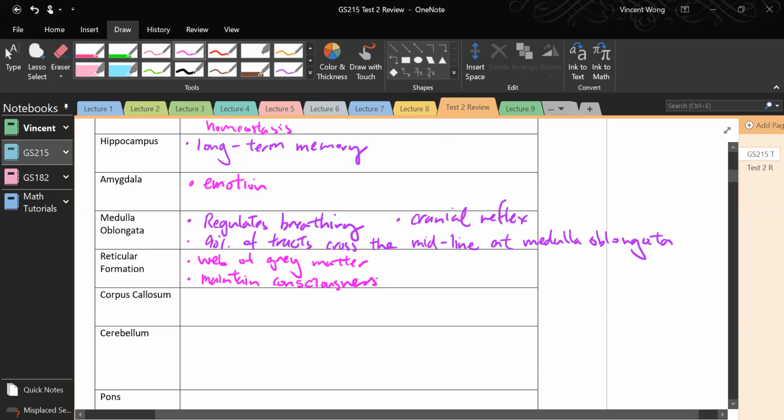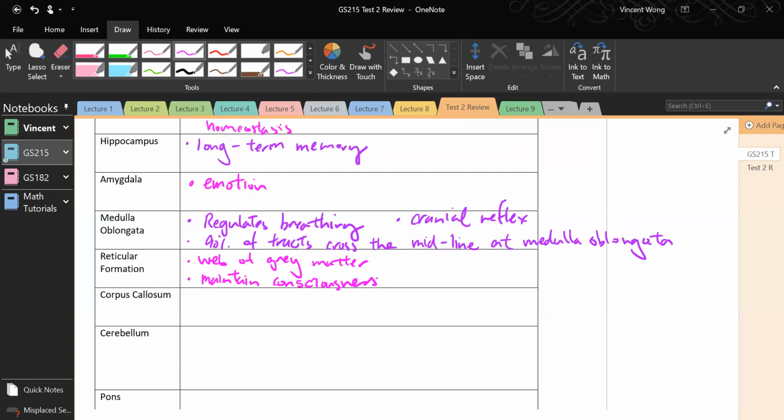It uses all the sensory input from various sources, your eyes, your ears, and so on and so forth. And it uses those stimuli to arouse the brain. If you damage the reticular formation, you're going to fall into a coma. Remember, we talked about that in the lecture.